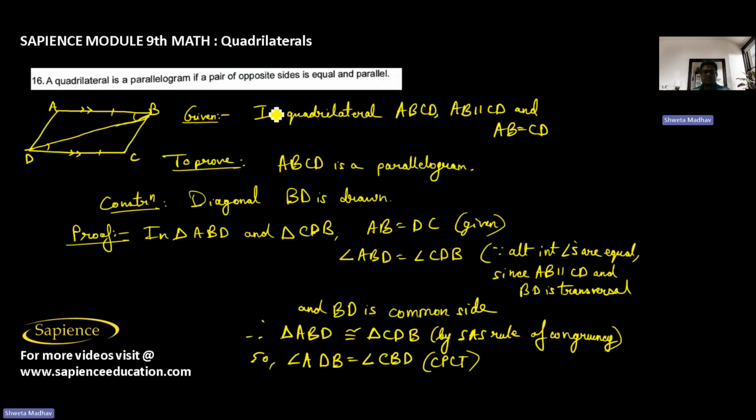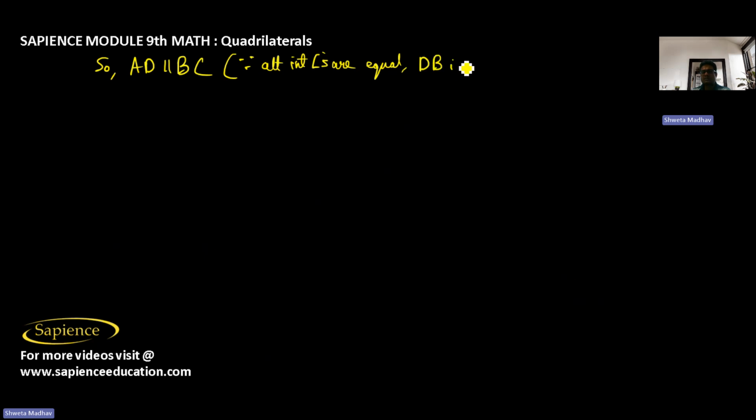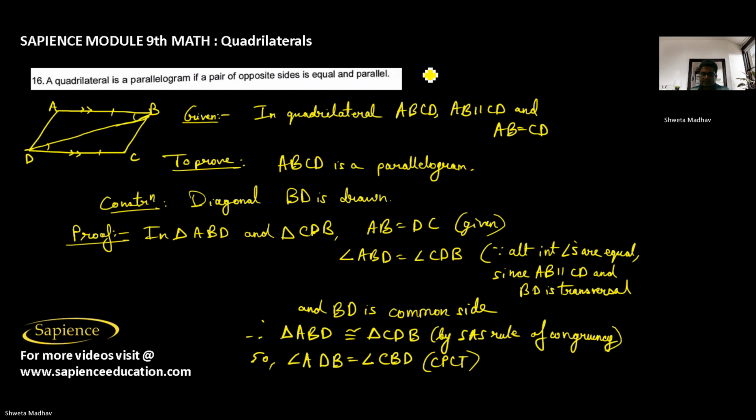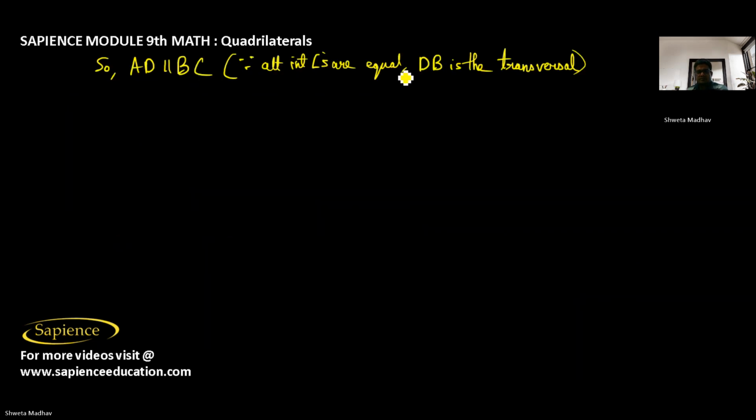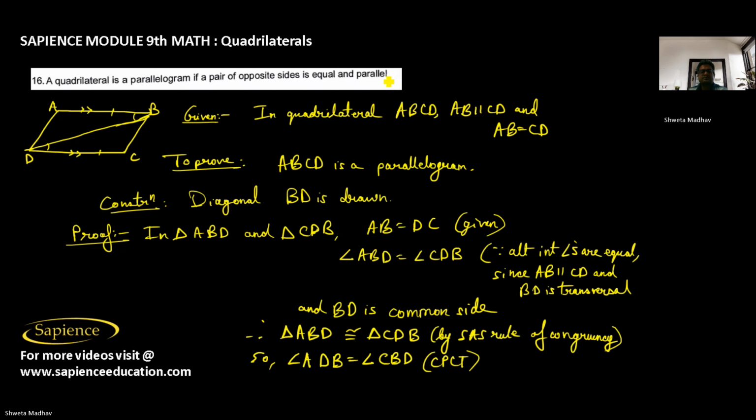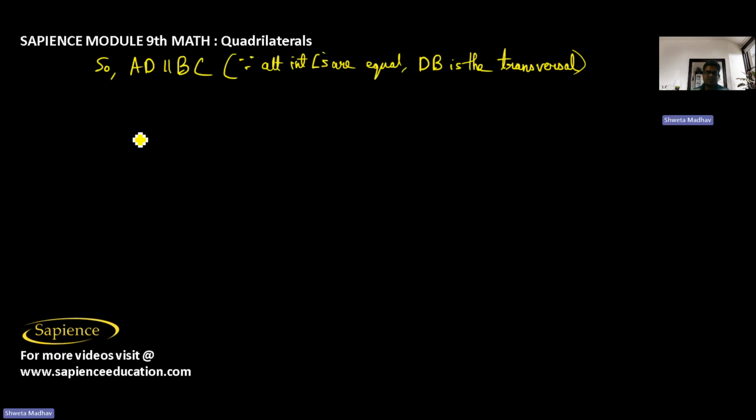Alternate interior angles are equal, and BD is the transversal. AD is parallel to BC.